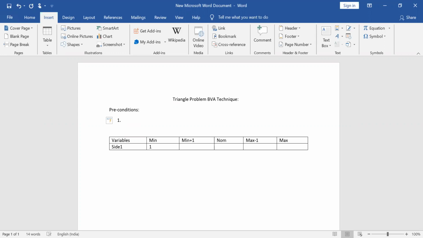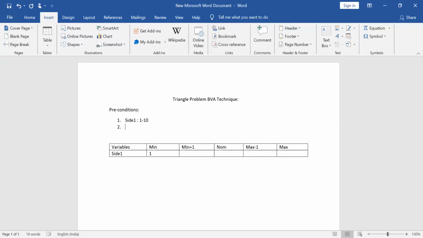First one is, if I say side 1, it ranges from 1 to 10. I'll just take a very simple thing. Before going for the second condition, the first condition is not fulfilled right now. Side 2 is also taking 1 to 10. Side 3 is also taking 1 to 10.